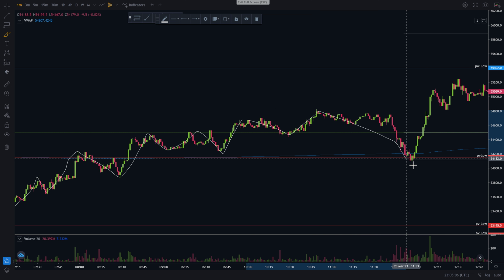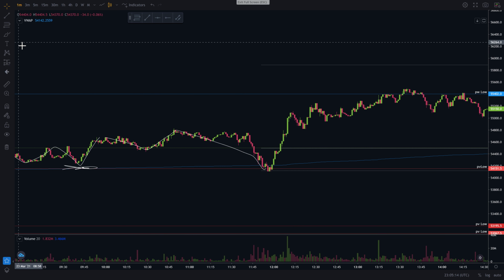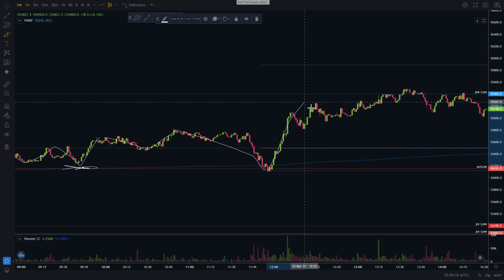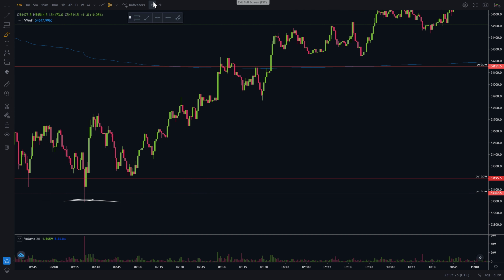Now we had some lower low, we went under that low, but it's fine because it was only one breach down, and then we went up. So that was just a fake out, but the overall trend was uptrend. Let me delete the lines.